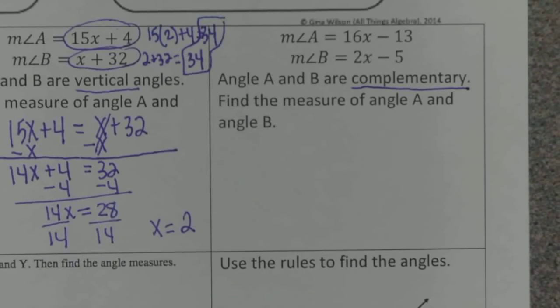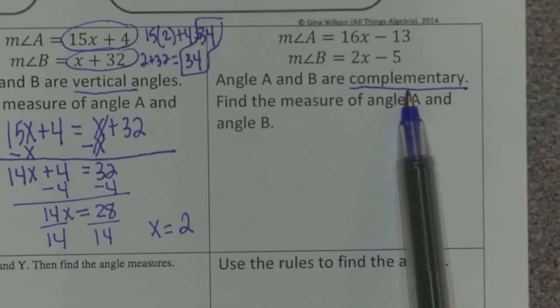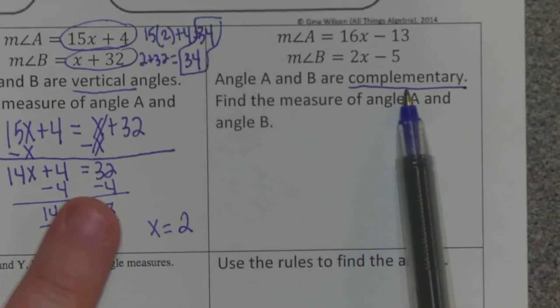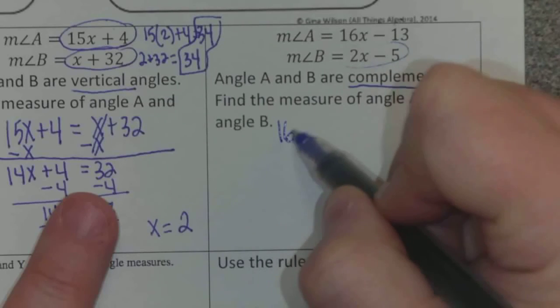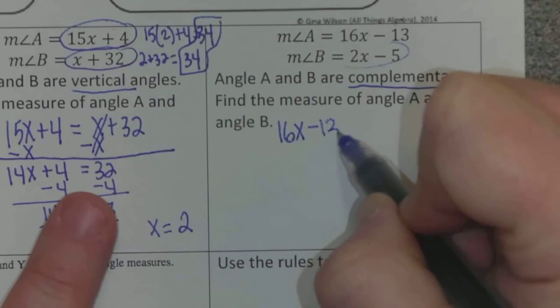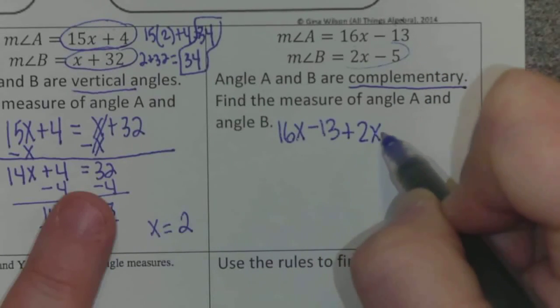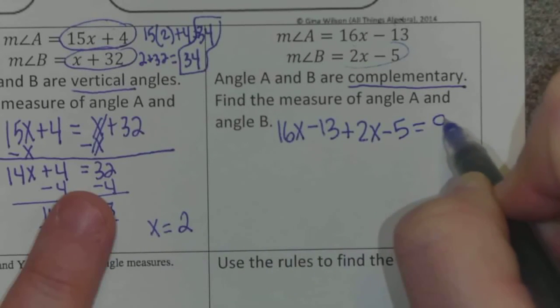The rule says they add up to be how much? 180. That's supplementary. This time it's complementary, so it would be 90, right? They add up to be 90. So I'm going to add these two angles together and equal it to 90 because they're complementary.